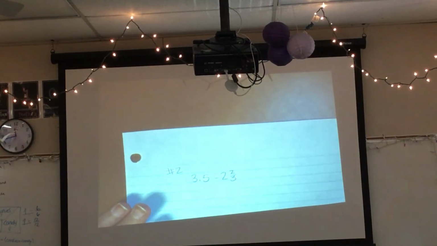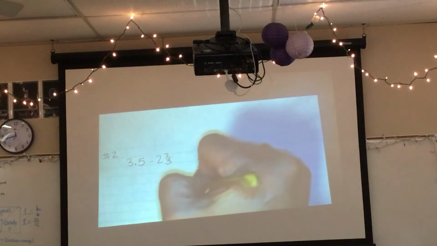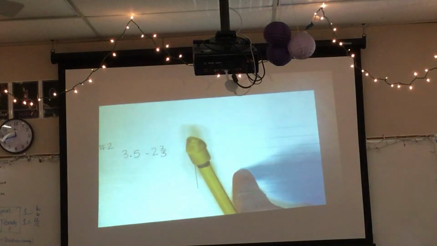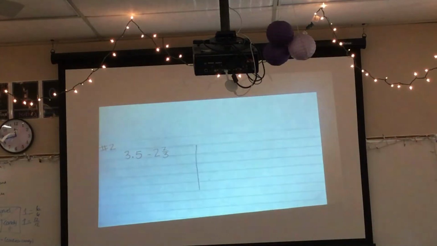Just like when we add or subtract fractions, I'm going to draw my line and do the work for my problem off to the right of that line.